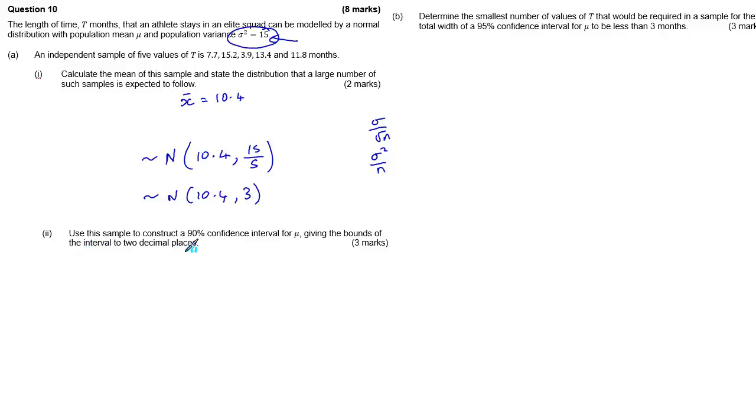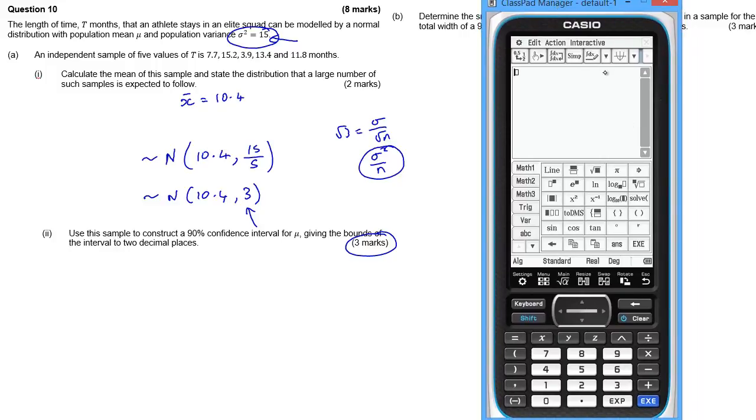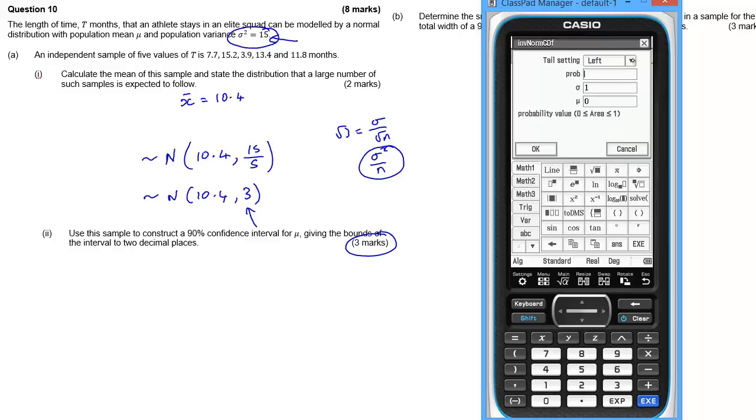Use the sample to construct a 90% confidence interval for mu, giving the bounds of the interval to 2 decimal places. There's 3 marks here, so we have to show some working. And remember that this 3 is the sigma squared over n. So root 3 will be equal to sigma over root n. We don't need to divide by 5 again at any stage. So if we go to inverse normal CDF, take a center setting with a probability of 0.9, we'll get the relevant Z value.